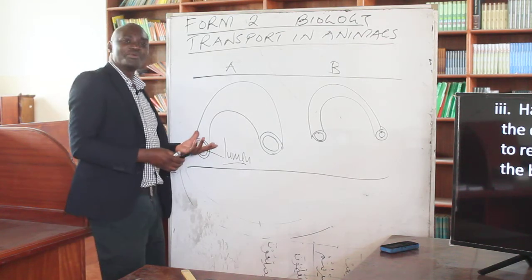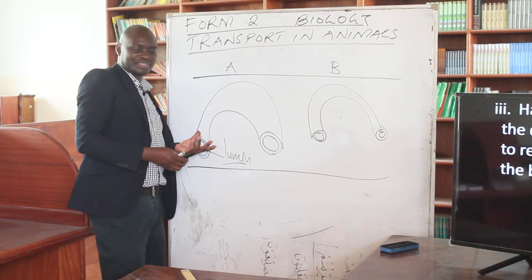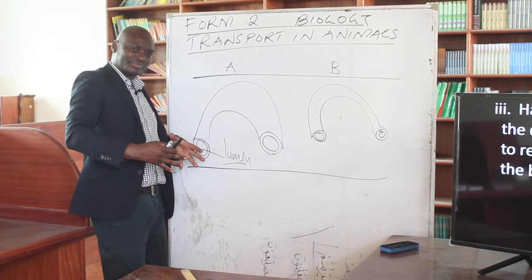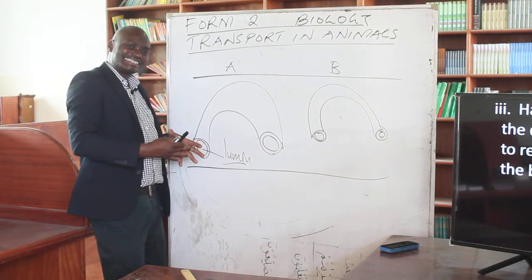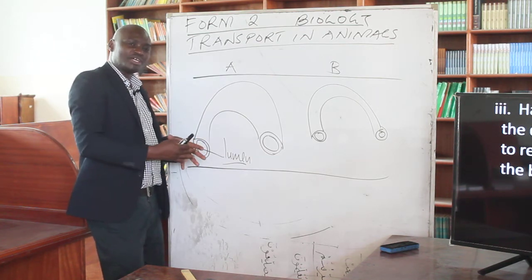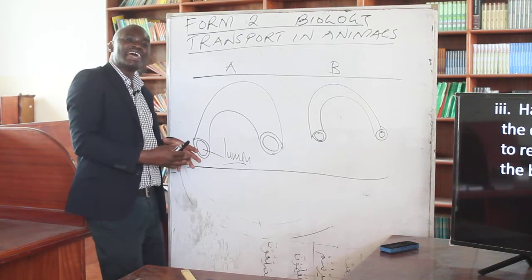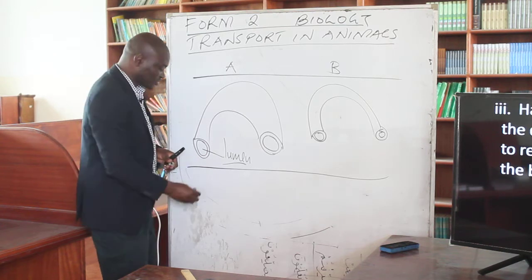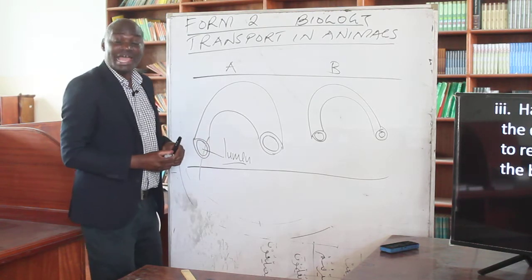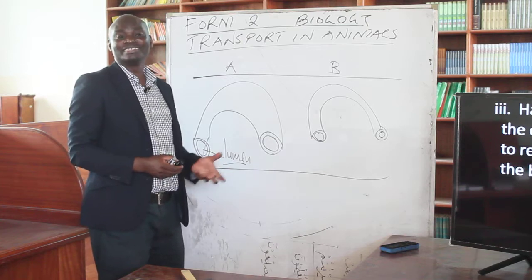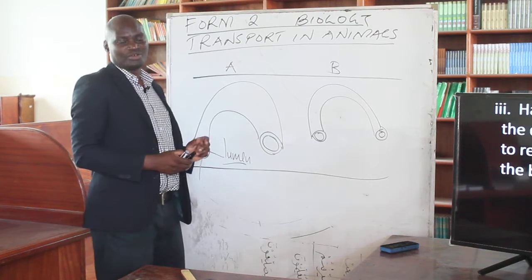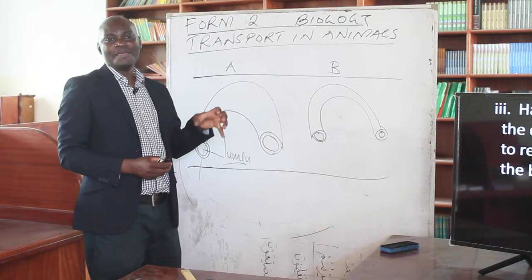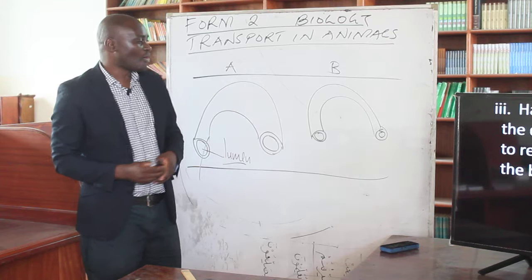Now, this we call dilation. When the arteries increase their diameter, we call it dilation, vasodilation. Why do they dilate? They dilate to allow more blood to pass through them. And sometimes less blood is required in a given part of the body. So how can arteries reduce blood supply to a given organ?